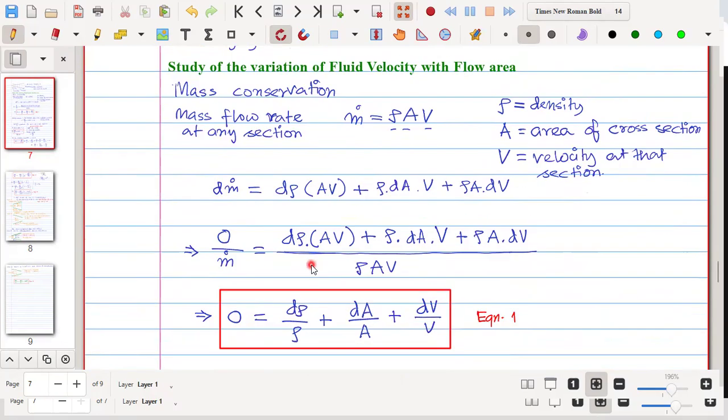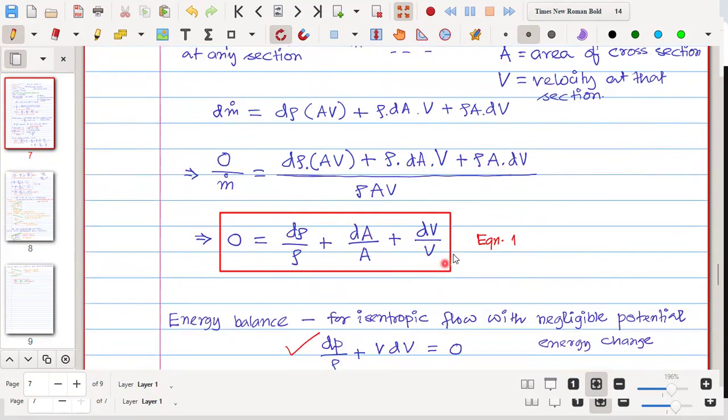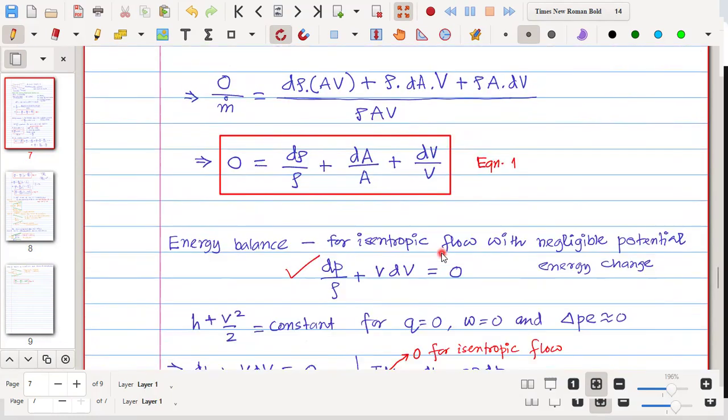Okay. Next, what we have seen is we wanted to see the variation of fluid flow velocity, pressure with area. Now we had taken the mass conservation or the mass balance equation at different sections, and we differentiated and we got the differential equation which contains the variation of density, area, and velocity.